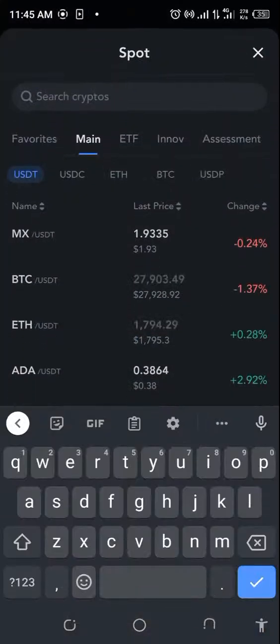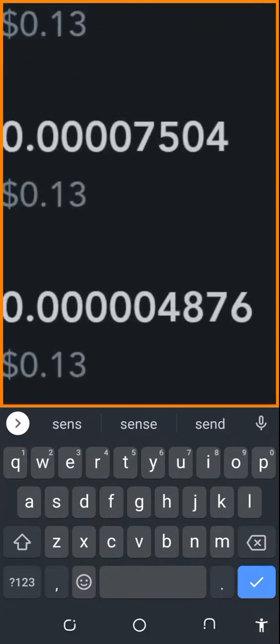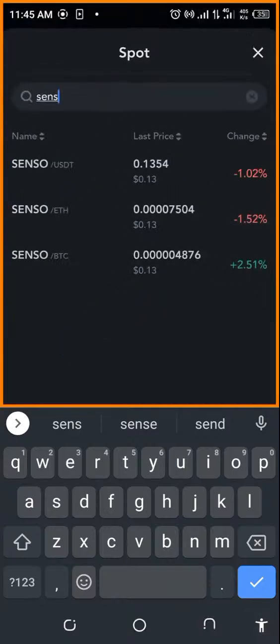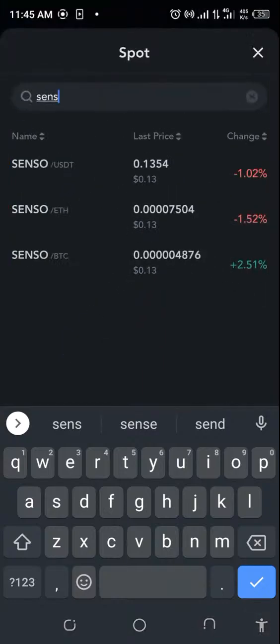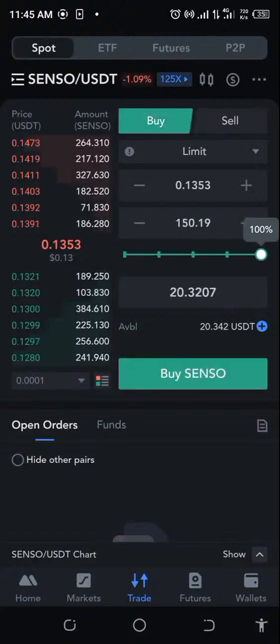So let's check on ETH. That should be Senso. Okay, Senso ETH. Well, everything still looks like it's the same price, but let me go back and try this out and then try to sell to ETH. Okay, so maybe with that, I could see whether that would be a better option.